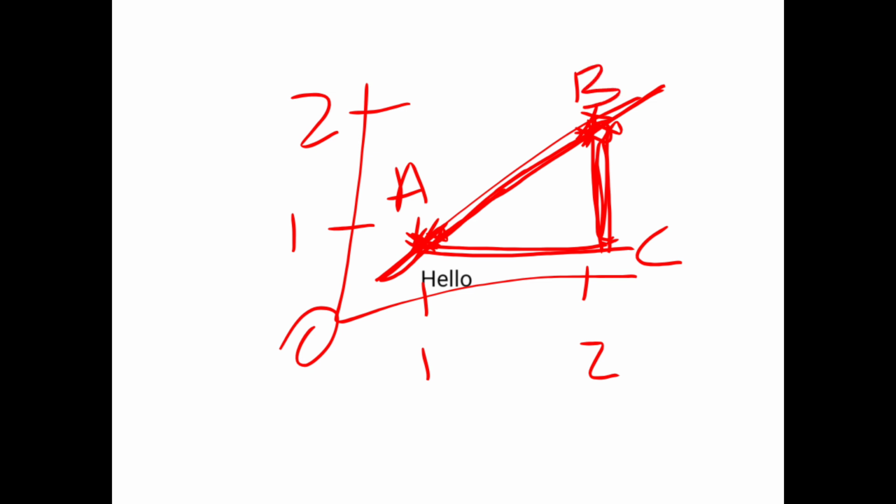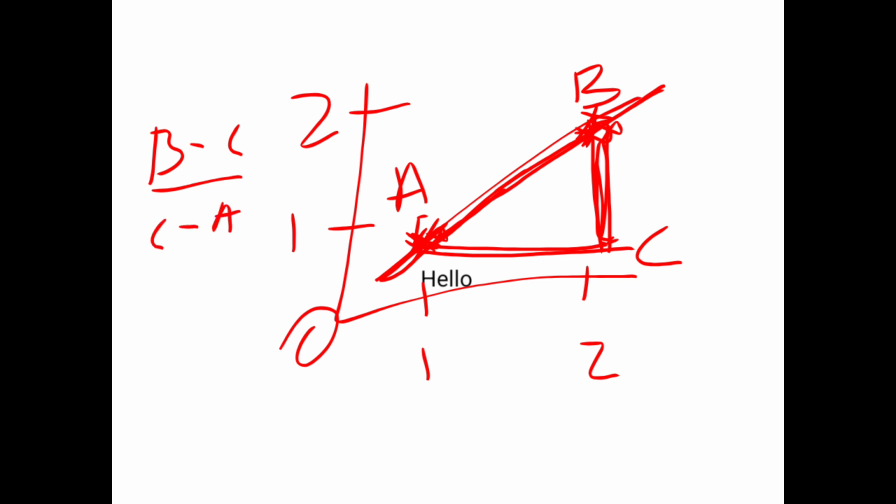So now let's continue. So we have A, B, C. Okay. So I said that the slope is BC over CA.